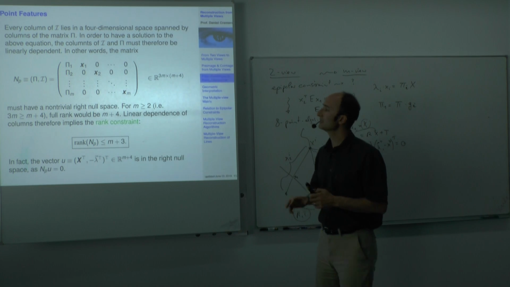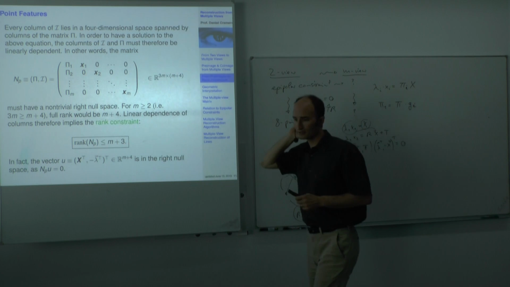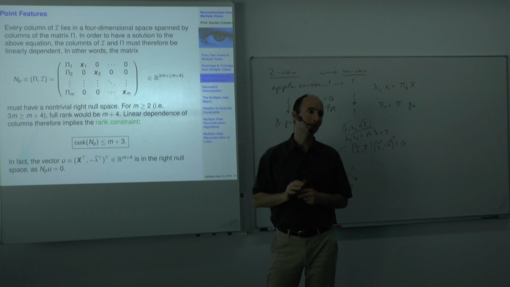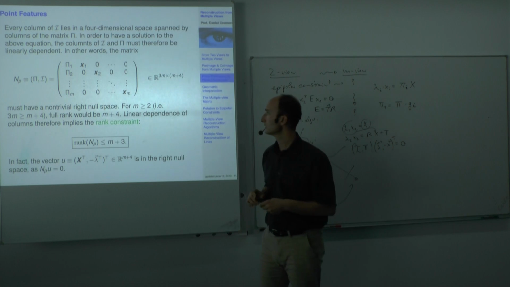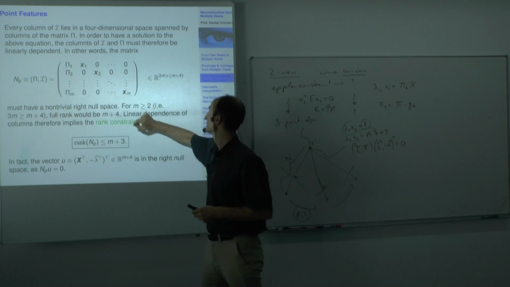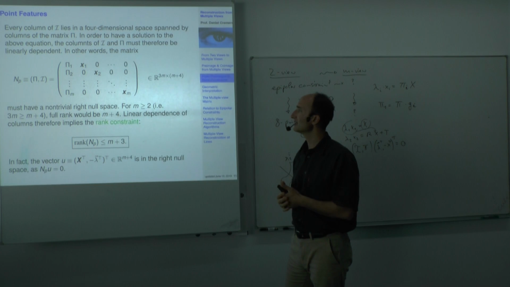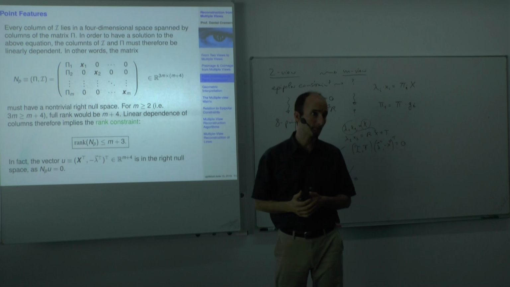And now comes the idea. The idea is that the fact that there is a non-trivial null space, I can express that fact by saying the rank of the matrix is smaller than the full rank. If you consider this matrix, since it is 3m by m plus 4, it has at most a rank of m plus 4.